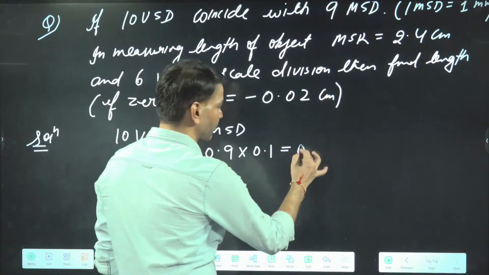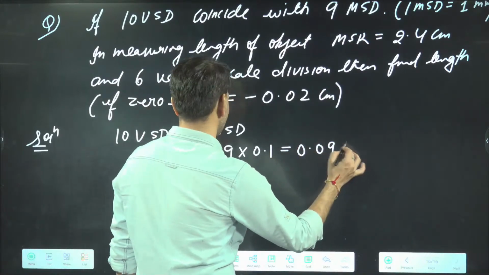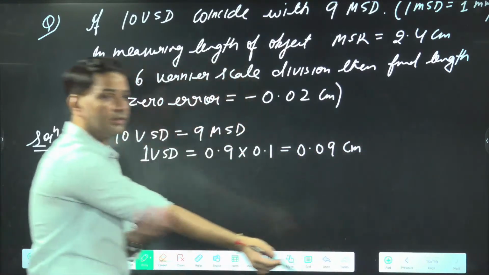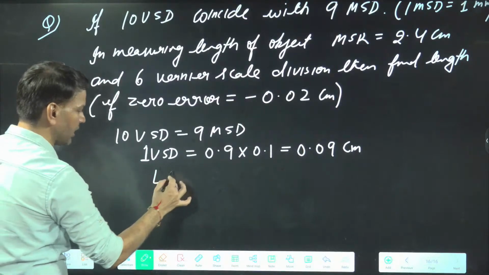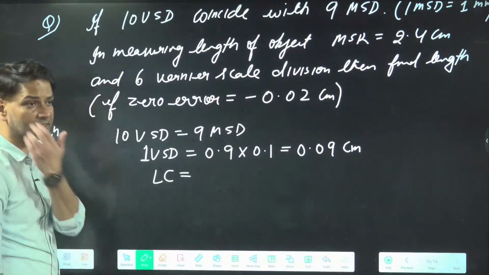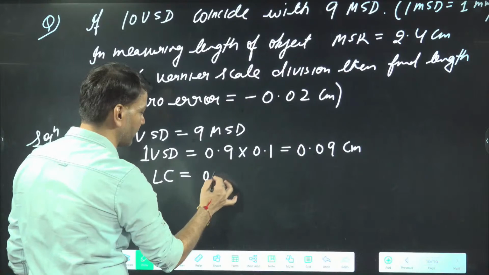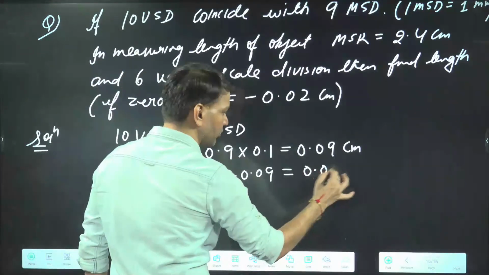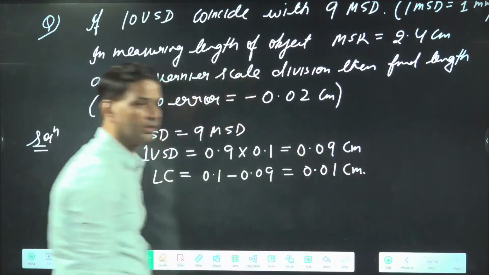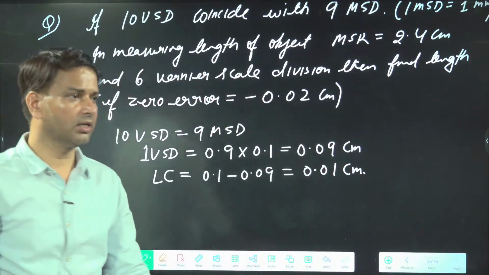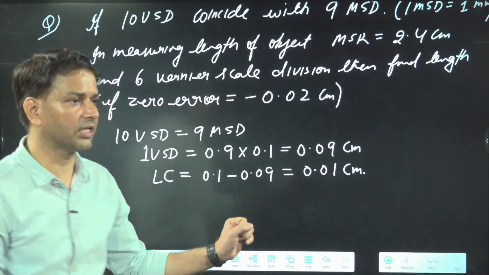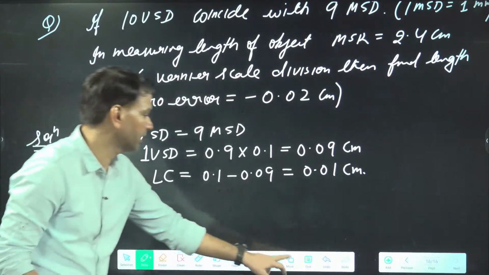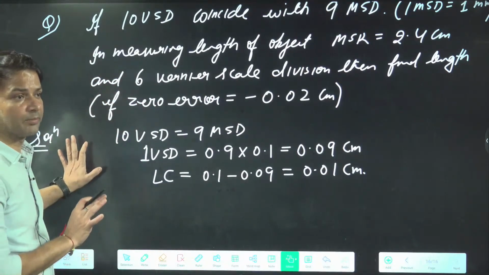Then you will get 0.09 centimeter. Then least count is equal to 1 MSD minus 1 VSD, means 0.1 minus 0.09, that is equal to 0.01 centimeter. So by this data we got the least count of the Vernier calipers, that is 0.01 centimeter. Up to this any problem?